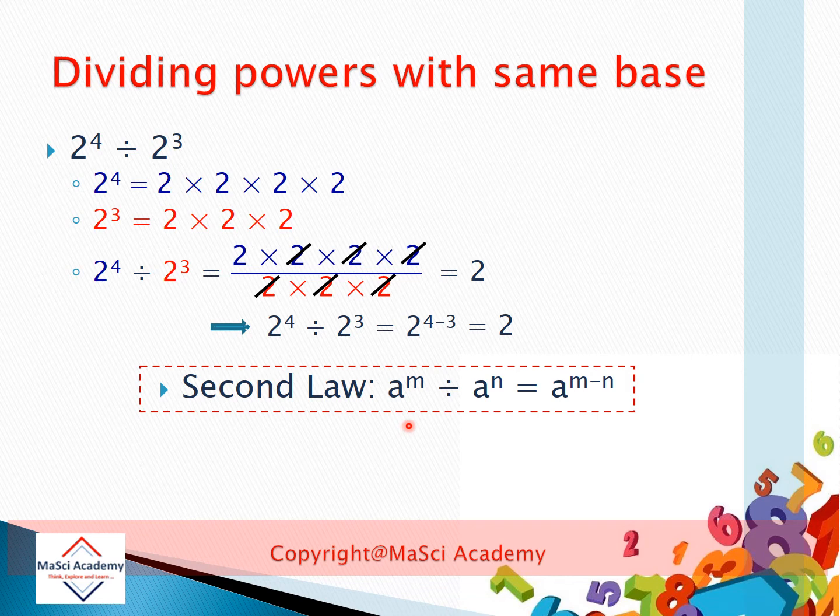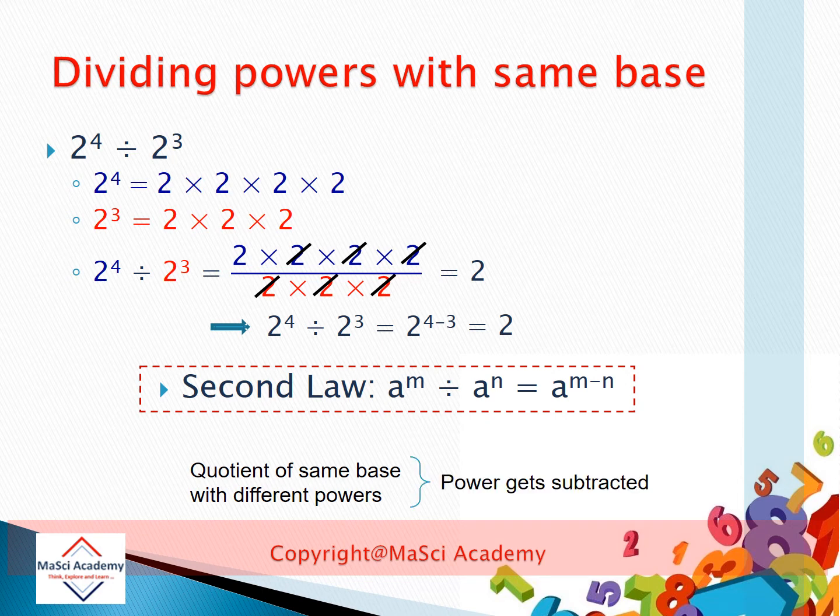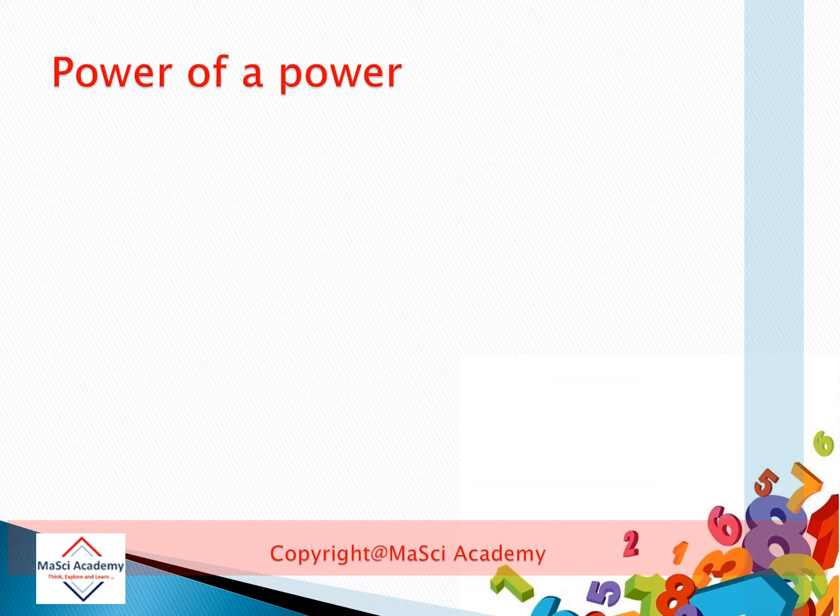Any number a to the power m divided by a to the power n gives a to the power m minus n as the answer. Thus, the quotient of the same base with different powers involves subtraction of the powers of the exponents to get the power of the result.